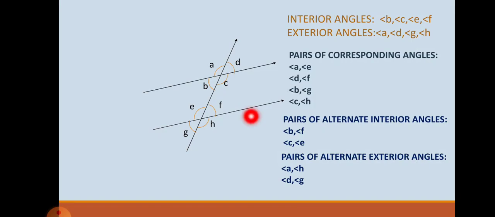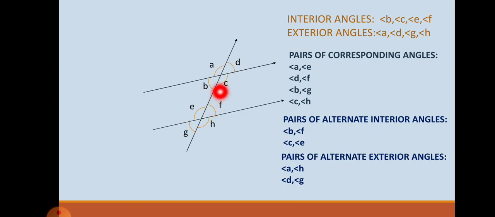Here you can observe what the interior angles on the same side are: BE, CF. BE is a pair, CF is a pair. According to the property, the sum of interior angles on the same side, if I add angle B plus angle E, must be equal to 180 degrees. And if I add angle C and angle F, it must also equal 180 degrees.